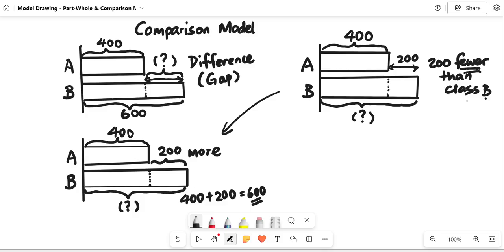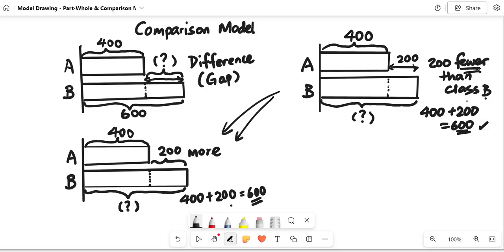So many a times, pupils tend to see the word fewer and they do a 400 minus 200 without drawing out the model properly. But if you draw out the model, you'll notice that this question requires you to add 400 to 200 to get class B 600, which is the same as what I've done here previously, right?